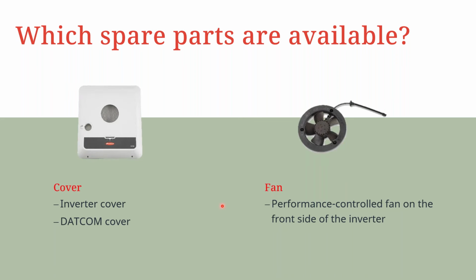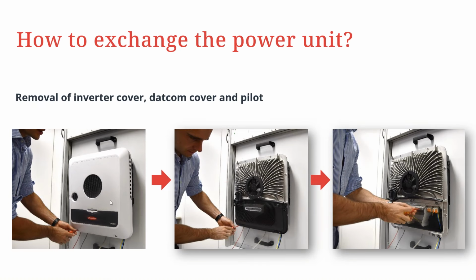We also have the possibility of spare parts like the fan, the cover, and the lights. So this is basically how we perform an exchange of the power unit, which happens to be the replacement device per se.